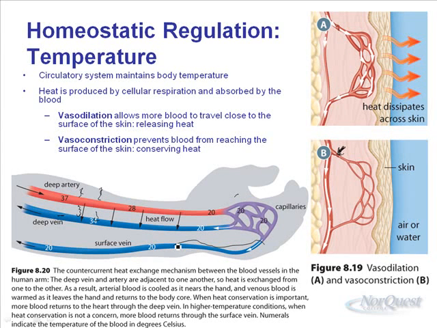As a result, arterial blood is cooled as it nears the hand, and the venous blood is warmed as it returns to the body core. So we're conserving heat. In high temperature conditions, more blood is going to return through the surface veins. So if it's hot outside, the heat's going to travel down into the capillary bed. More of that blood is going to travel through the surface vein, thereby letting us release that heat.